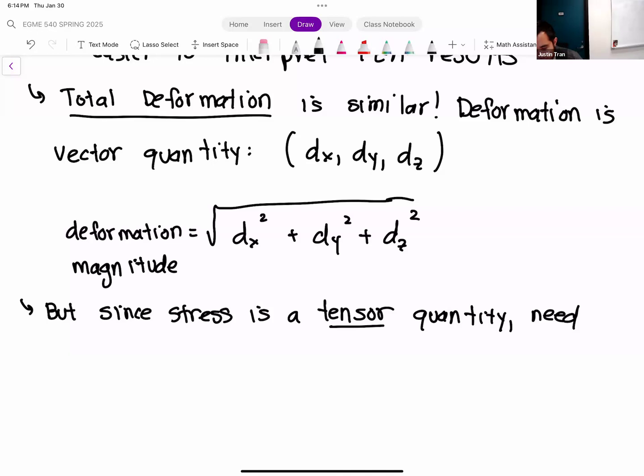And so as such, we need a different formula to compute what we call the equivalent stress or the stress magnitude.